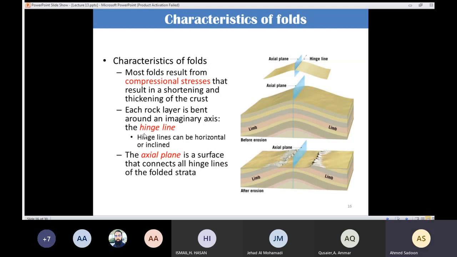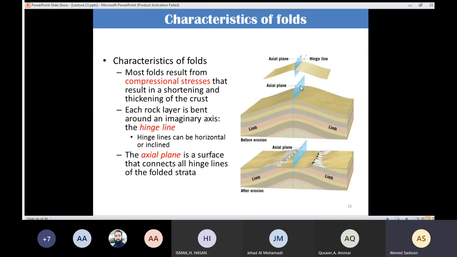We're going to call that axis the hinge line. So in this case, that line here in that direction is the hinge line. It could be here, or here, or here. The most important point is the limb is going to rotate about that line. So here is the hinge line.